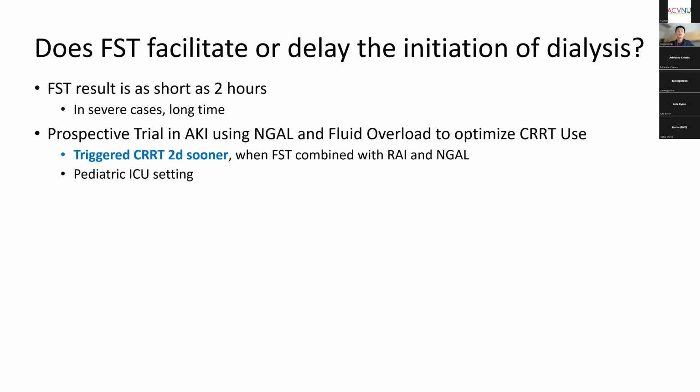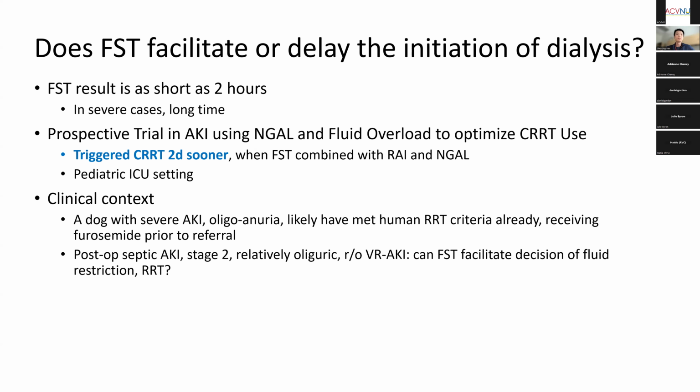And in that trial I introduced before in pediatric AKI, by incorporating not just the furosemide test itself but also other biomarkers and indices into their flow charts, they observed that the trigger for CRRT was 2 days faster. But that's in the pediatric ICU setting.